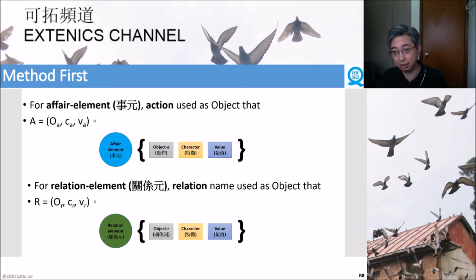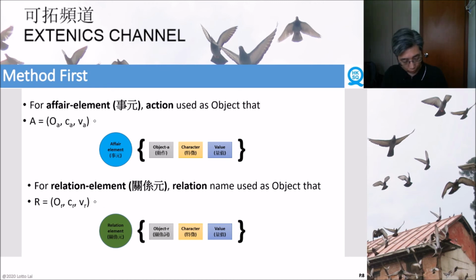The relation element is another one. A relation name serves as the object, and the formula is R = (Or, Cr, Vr). The components in your product have different relations, such as up or down, left or right, or inside and outside. So it can help you change the relations and get your creativity.